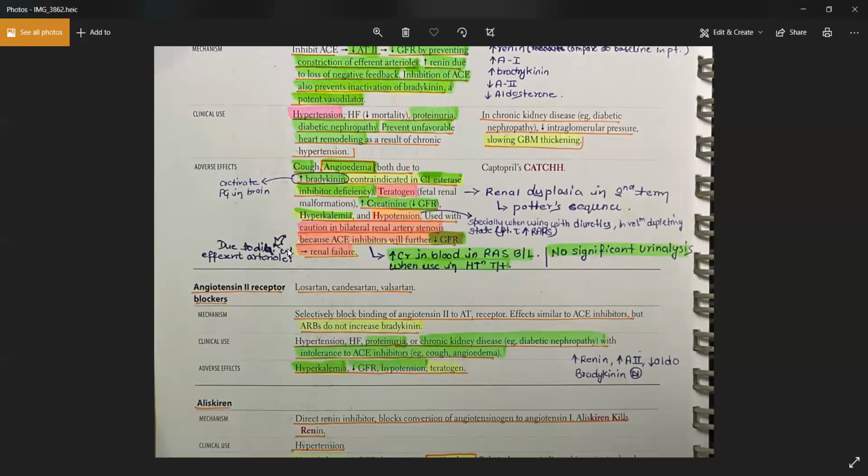If the patient has just edema without any creatinine rise, think about the CCBs, the calcium channel blockers. I told you the calcium channel blockers can cause peripheral edema because they dilate the arterioles, increasing the blood flow to the periphery. So no rising creatinine with edema, think about the CCBs. Rising creatinine with edema, think about the ACE inhibitors or ARBs.